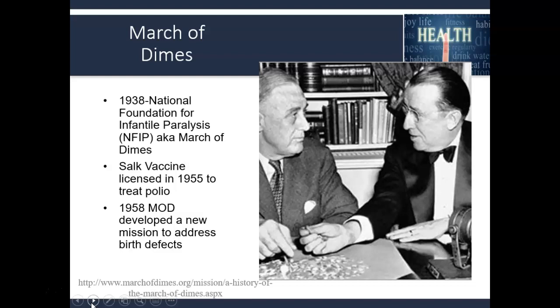But since the March of Dimes was developed to treat that public health issue at the time, and it was treated, they had to focus their vision and mission on another public health issue, and that's where we got the birth defects. It focused more on birth defects, but now today it does focus on that, but more so on prematurity.